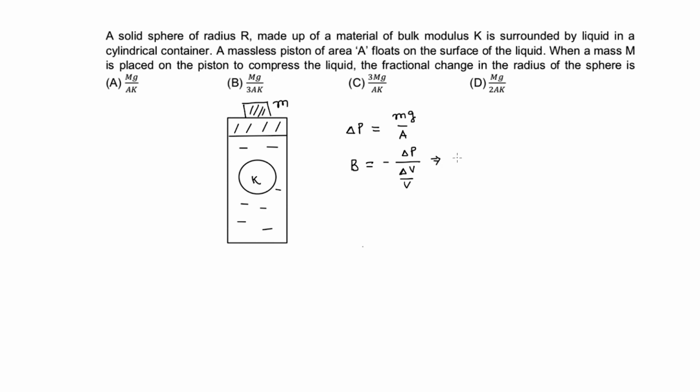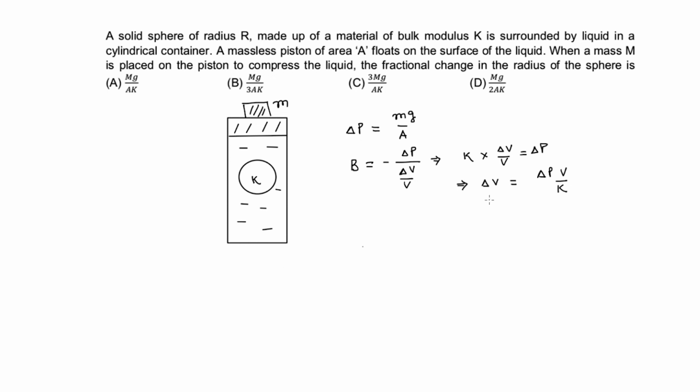From there I can say that K into delta V divided by V is equal to delta P, and taking only the modulus, delta V is equal to delta P into V by K.